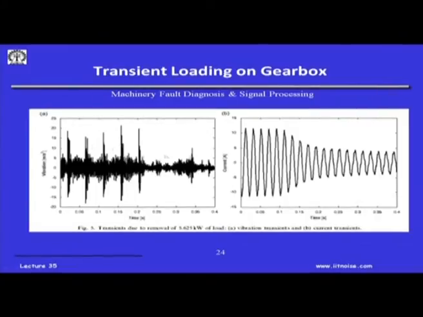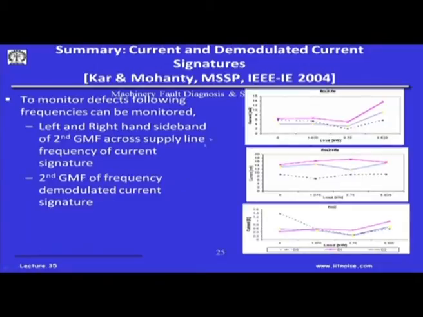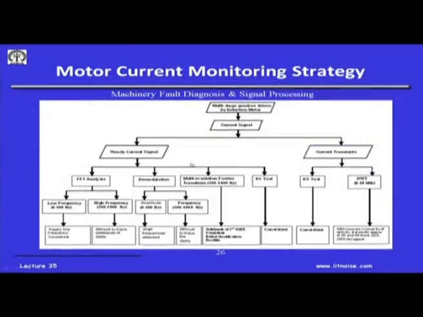And of course, we could also do this with transient loads, because when the loads or the speeds are transient, this will become non-stationary signals. I will not go into details of the non-stationary signals, but a certain algorithm can be developed, and this actually gives you the motor current monitoring strategy which is being used for MCSA.